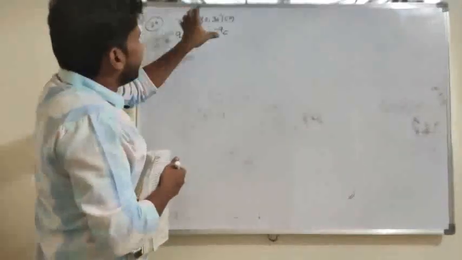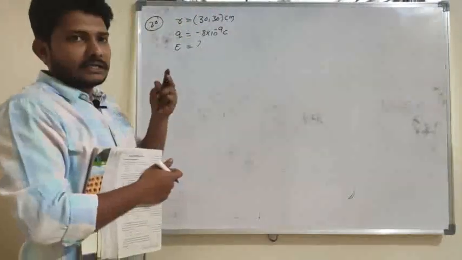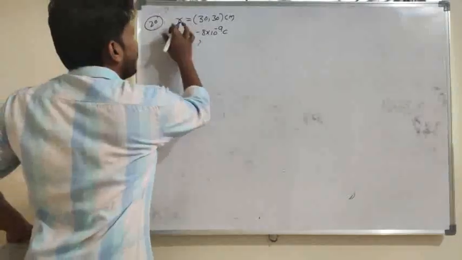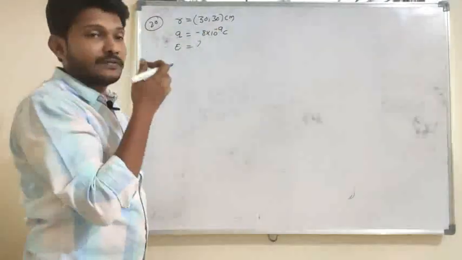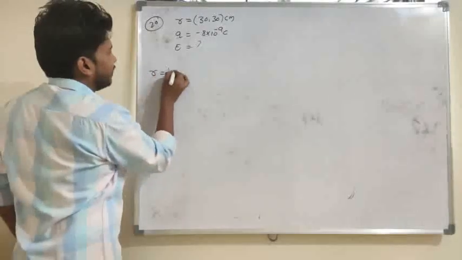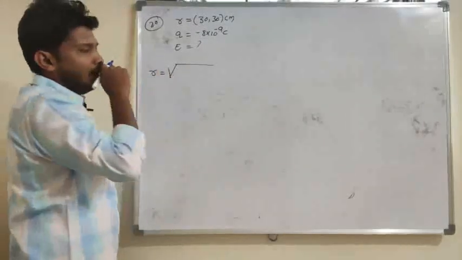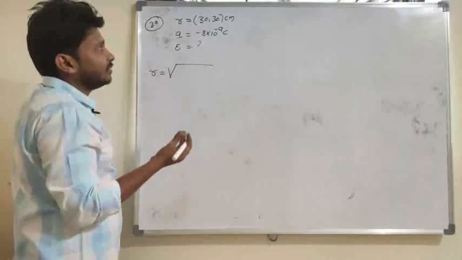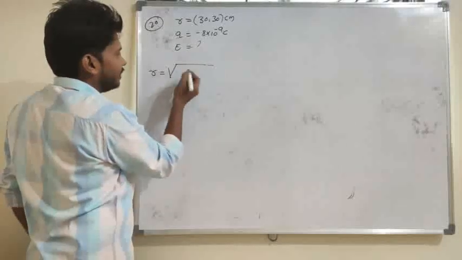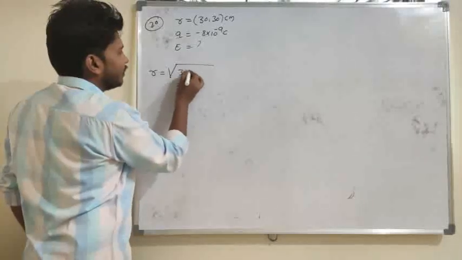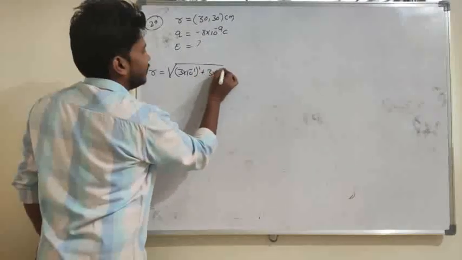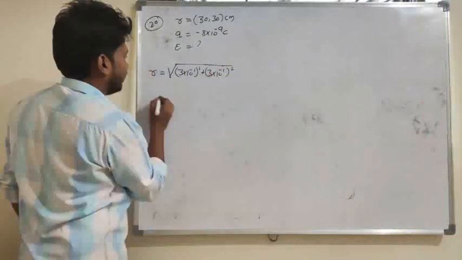So look at here, it involves the motion in a plane concept. They merged motion in a plane as well as electrostatics. So where is that resultant distance? First I will calculate the resultant distance from the resolution of vectors. That is 30 centimeter along x and 30 centimeter along y, or 3 into 10 to the power of minus 1 meter here. 3 into 10 to the power of minus 1 whole square plus 3 into 10 to the power of minus 1 whole square here.